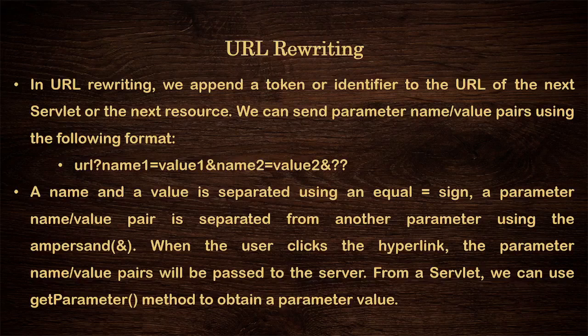A name and a value are separated using an equal sign. A parameter name and value pair is separated from another parameter using the ampersand. When the user clicks the hyperlink, the parameter name and value pairs will be passed to the server. From the servlet, we can use the getParameter method to obtain a parameter value.